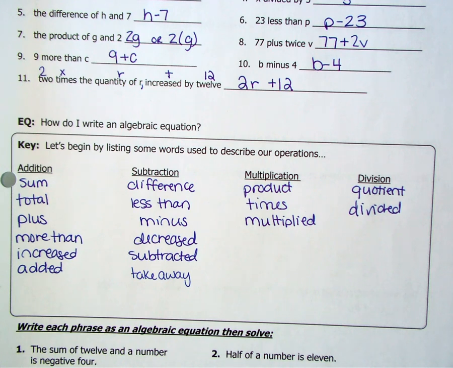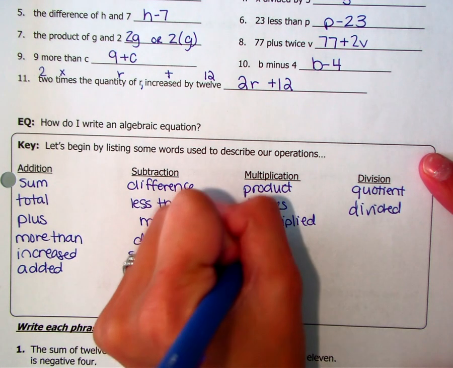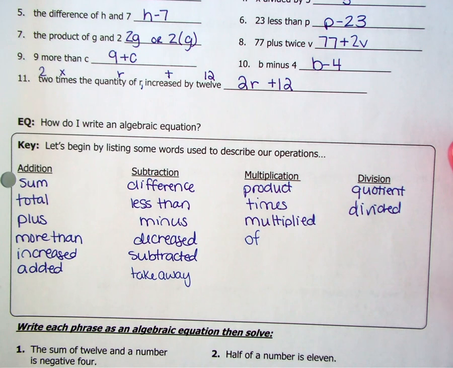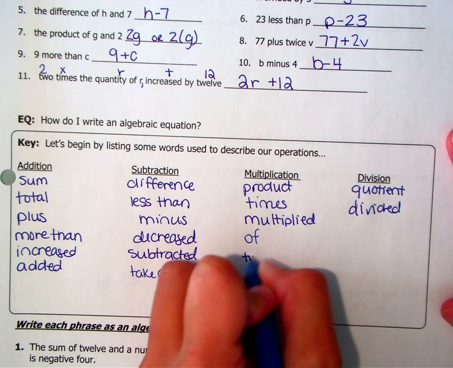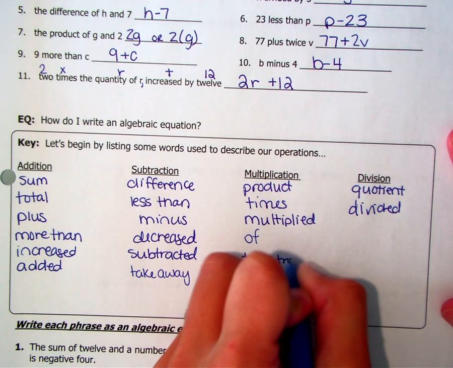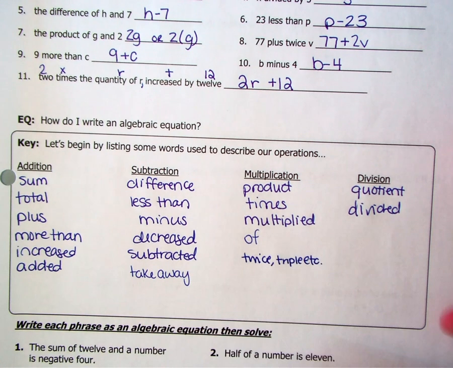All right, multiplication: product, times, multiplied. Anything else? Good. What do you say, Arden? Twice, triple, quadruple. Good. Okay.